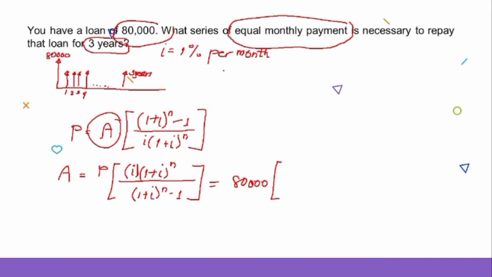So again, our interest rate, hindi na natin siya kailangan i-divide ng 12 kasi naka-per month na siya agad-agad.